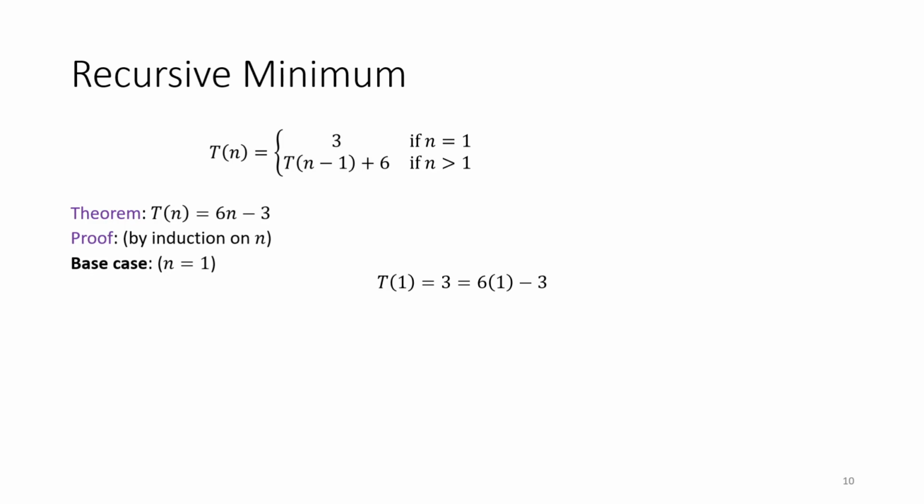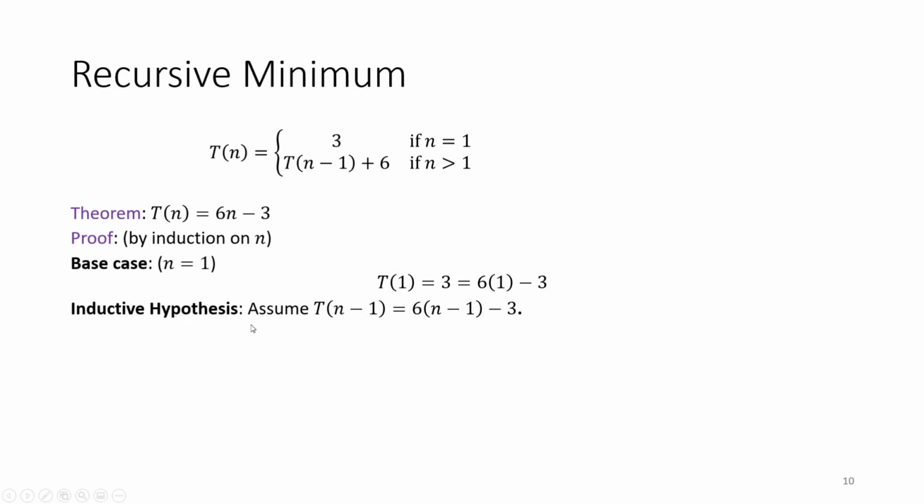But I'm going to shift our notation a little bit now. Instead of talking about n and n plus 1, I'm going to talk about n minus 1 and n. So I'm going to say instead of assuming this is true, that T of n is equal to 6n minus 3, I'm going to assume it was true for the last instance, that T of n minus 1, and then I'm going to be careful to plug my n minus 1 in for n here, that T of n minus 1 is equal to 6 times (n minus 1) minus 3.